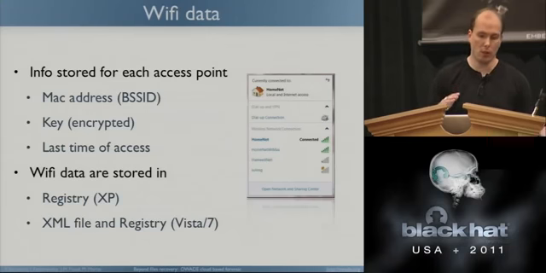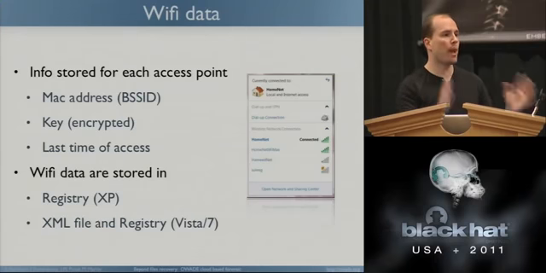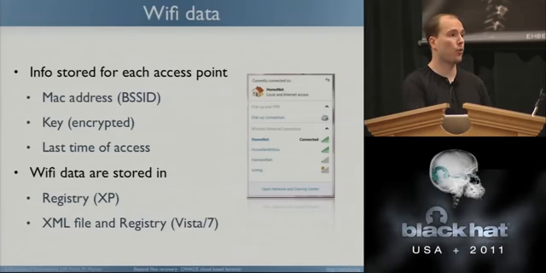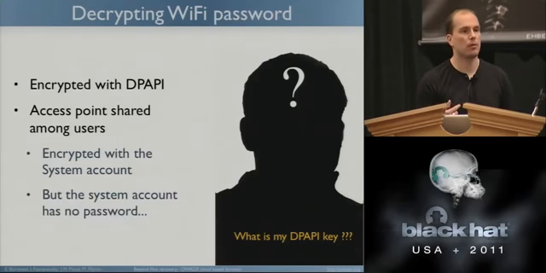In 7, part of it is stored in an XML file and part of it in the registry. And one thing you might notice is that if you have two persons on the same laptop, both of them have access to the full list of all the access points you ever connected to. So it's encrypted with DPAPI, but at the same time it's accessible by every user.